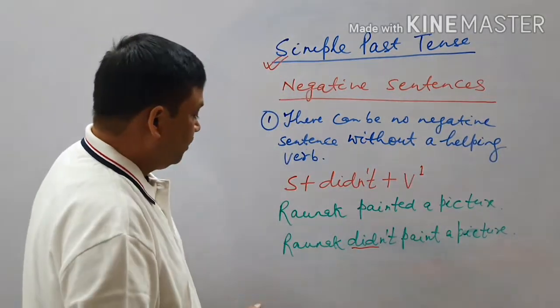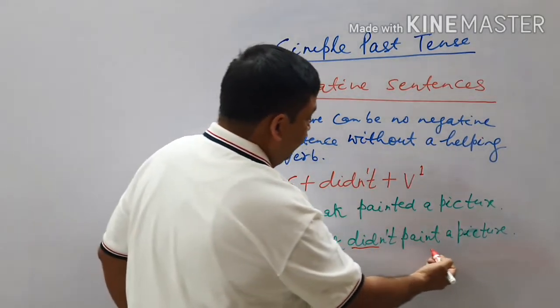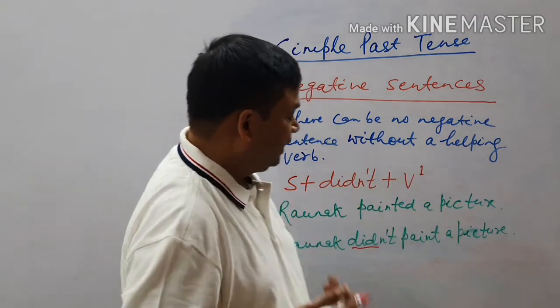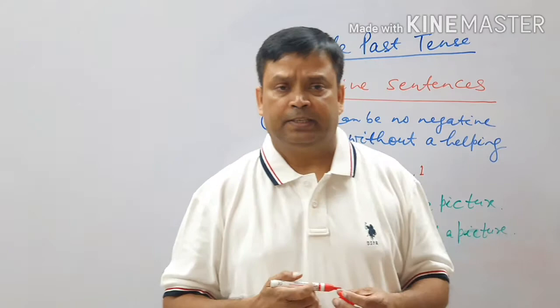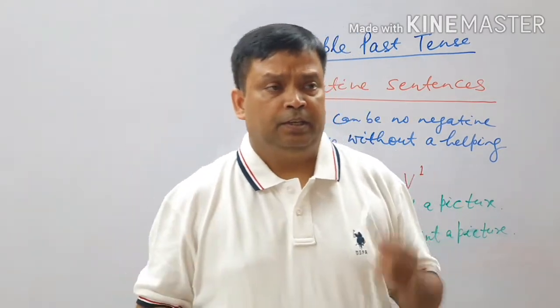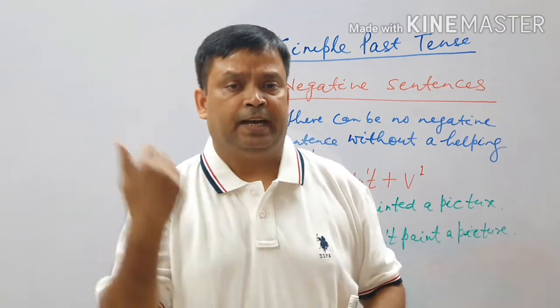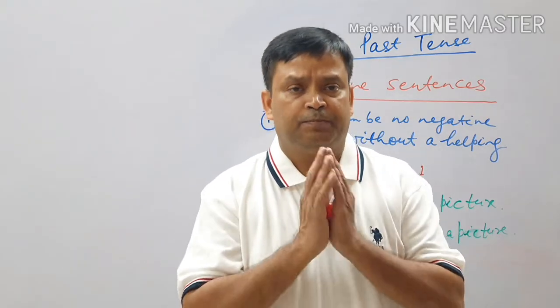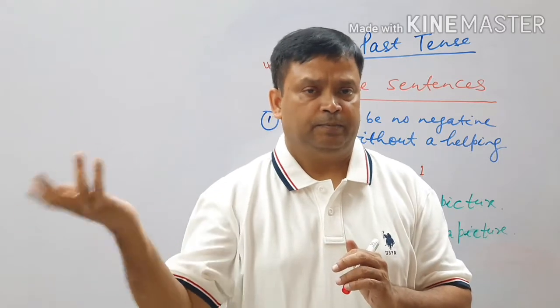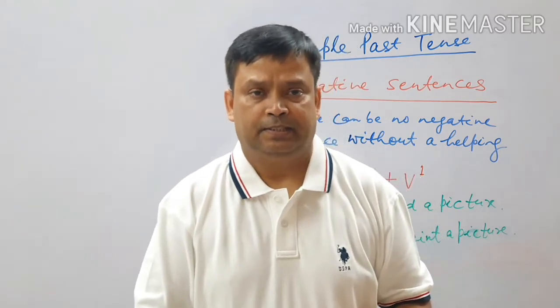So the sentence will go like Rana didn't paint a picture. Now with this structure, you can again make n number of negative sentences in the simple past. A few examples are: I didn't go there, you didn't sing a song, she didn't dance in the party. So just put a subject, then didn't, and then first form of the verb, and then object. This is negative sentences.